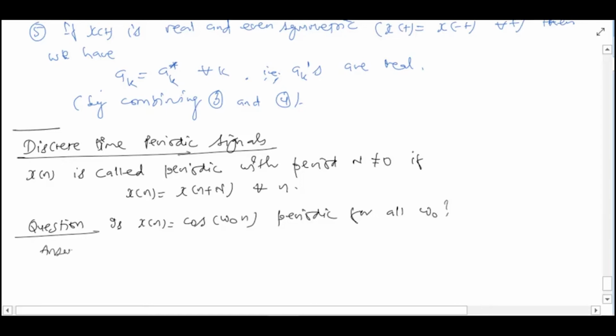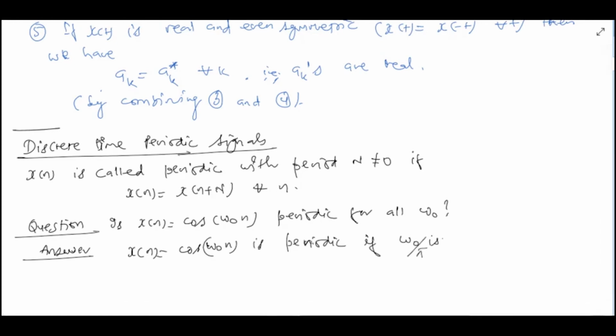Answer is, x[n] equals cos(omega_0 n) is periodic if omega_0 is rational. Sorry, if omega_0 by pi is rational.